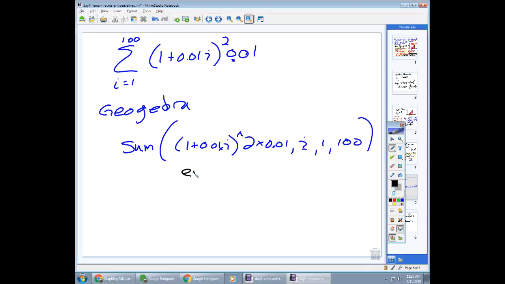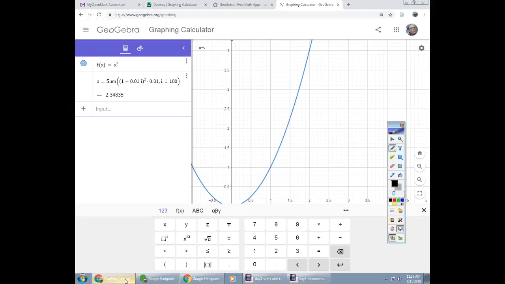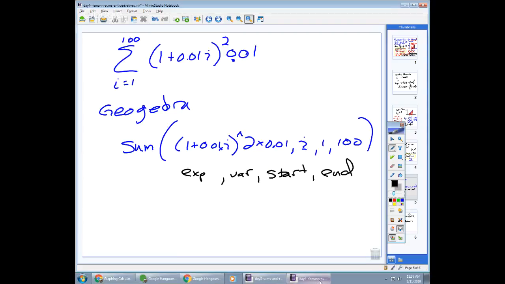So it's expression, comma, variable, comma, start, comma, end. And I got, was it 2.348 something? 2.34835. I got a different answer than that.